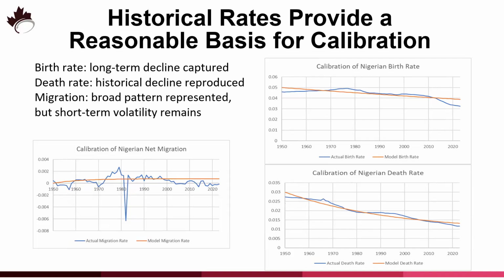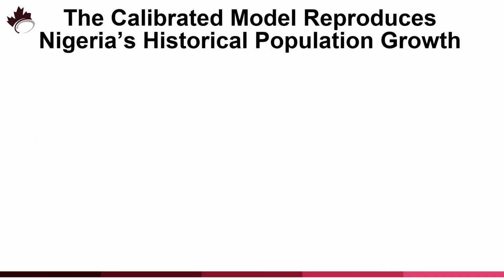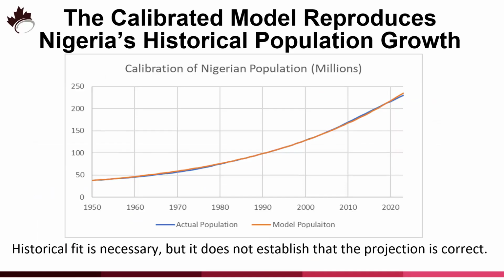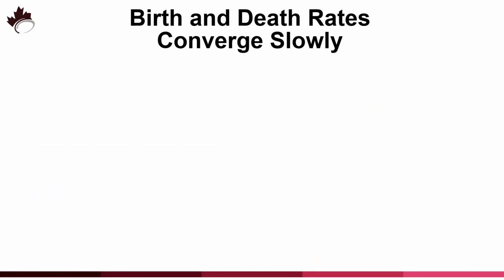And for the migration rate, the broad pattern was represented, but short-term volatility remains. And then we look at the historical population, and we see that the model with the calibration replicates the historical growth. And so historical fit is necessary, but not sufficient.